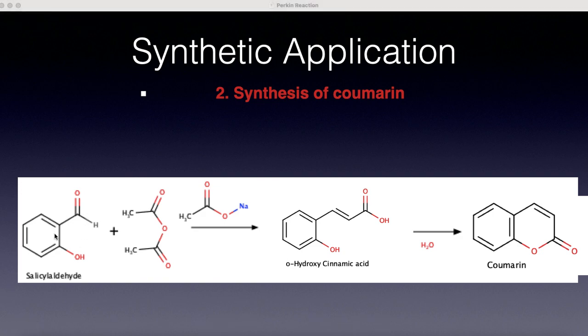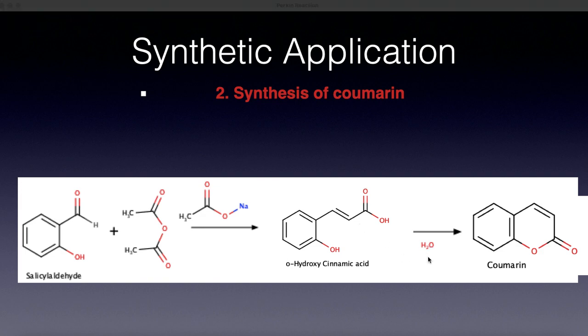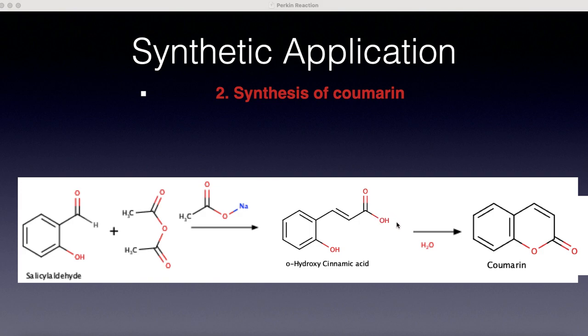Salicylaldehyde, that is orthohydroxybenzaldehyde, on treatment with acetic anhydride in presence of sodium acetate, on heating forms orthohydroxycinnamic acid by Perkin reaction, followed by dehydration, that is, there is the loss of the water molecule by hydroxy group from this carbon and hydrogen from this hydroxy group. There is the formation of this coumarin. It is one of the heterocyclic compounds.